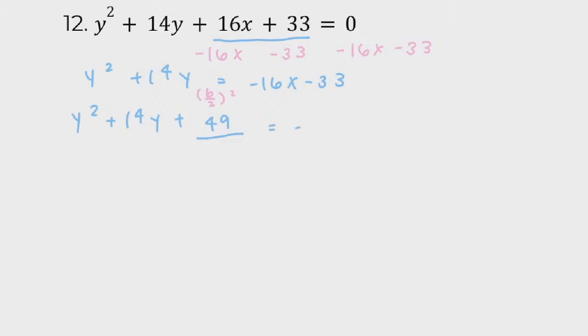So we're going to add 49 to both sides. So y squared plus 14y plus 49 is going to factor into y plus 7 squared. And then we get negative 16x plus 16. So on the right, we have to factor out whatever number is in front of x, which is negative 16. So we get x minus 1.